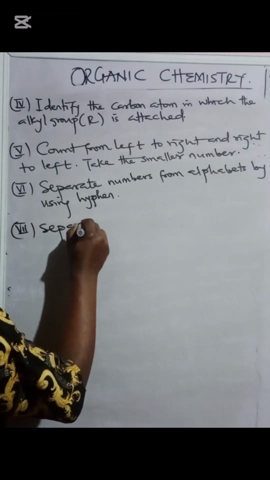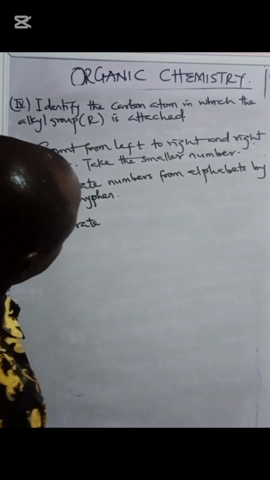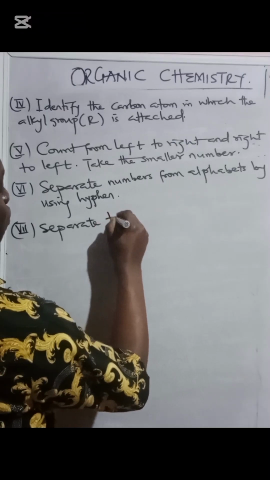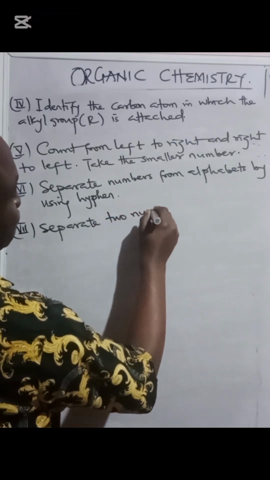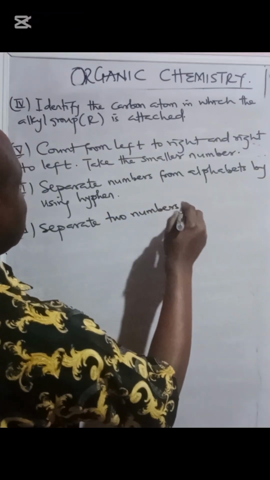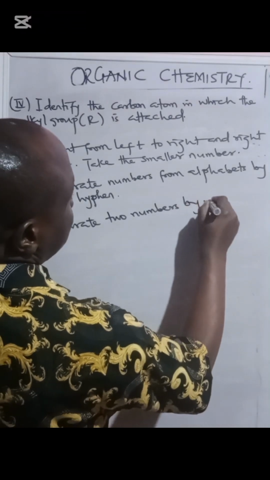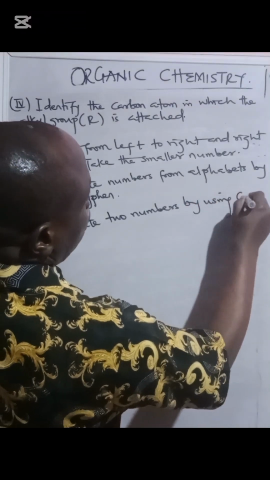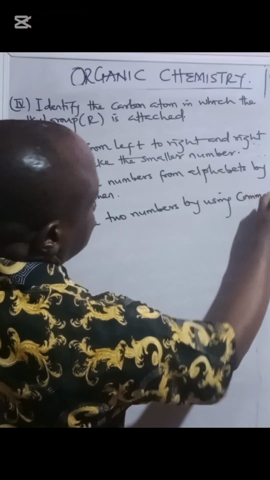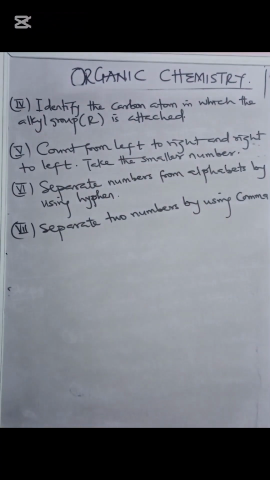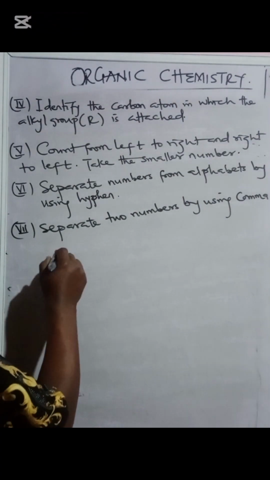Separate two numbers by using a comma. These are the rules. So let's see different examples.